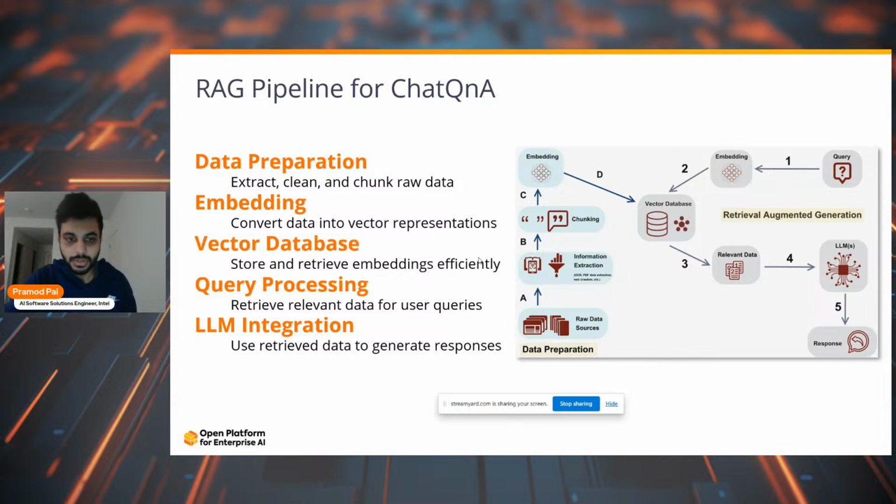When you do the query processing, the system searches this database to retrieve the most relevant data chunks. This way you are grounding the responses in factual context. Finally, the retrieved data, along with the question and the context, is passed into the LLM. This way you get more reliable answers that are grounded in factual information. This is how a RAG pipeline works.